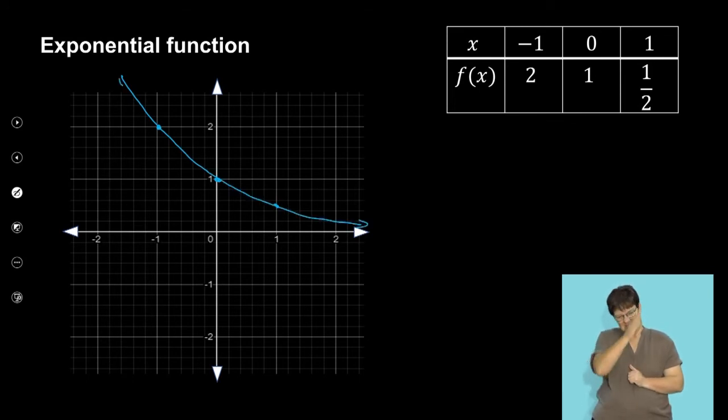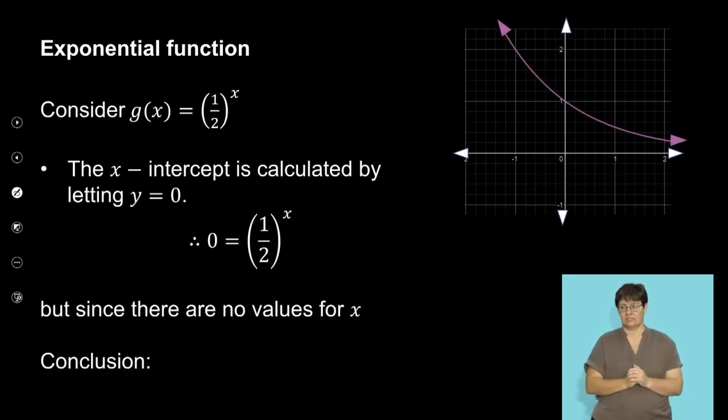All right, you can still see that this is not crossing the x-axis, so it means it does not have the x-intercept. Now, as I said, the x-intercept is calculated by letting the y be 0. But there are no real values for x for this to be valid.